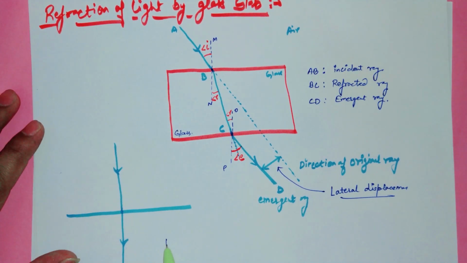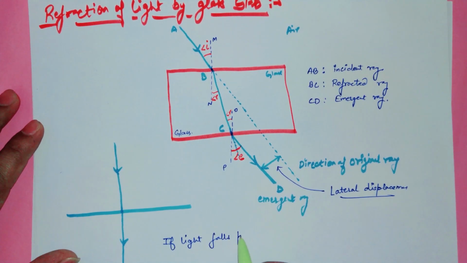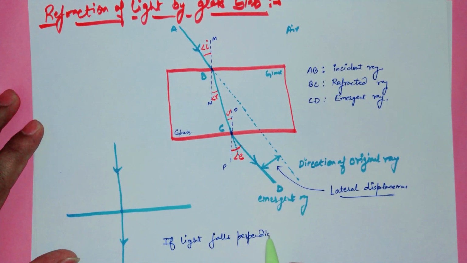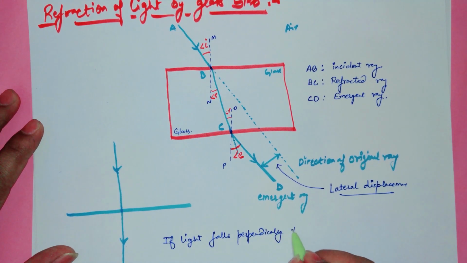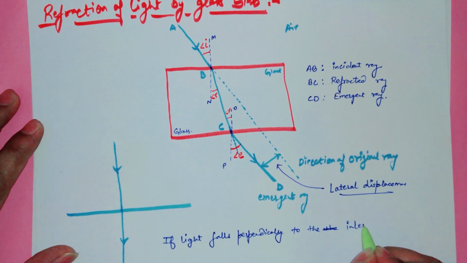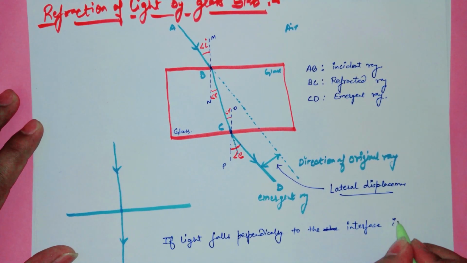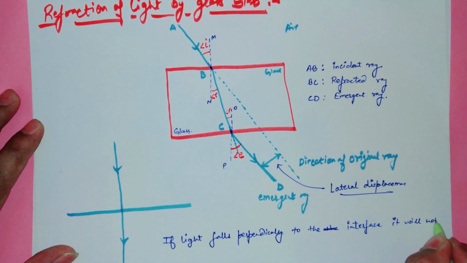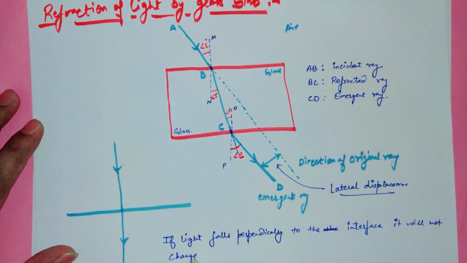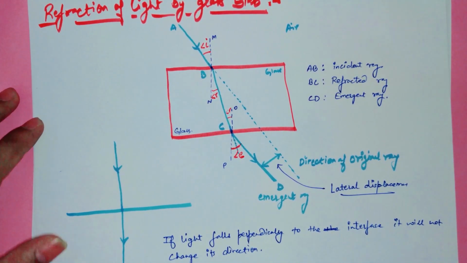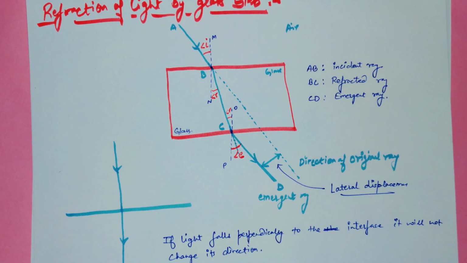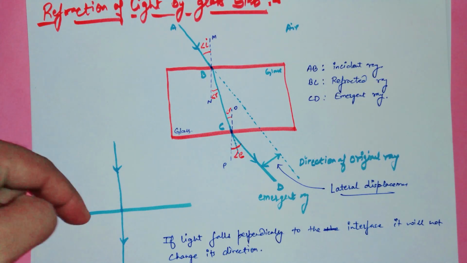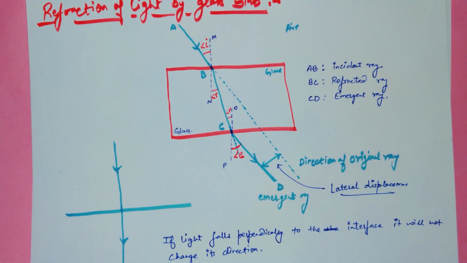If light falls perpendicularly to the interface, it will not change its direction. So this thing you have to keep in mind. When light falls perpendicularly to the interface, its direction will not change.